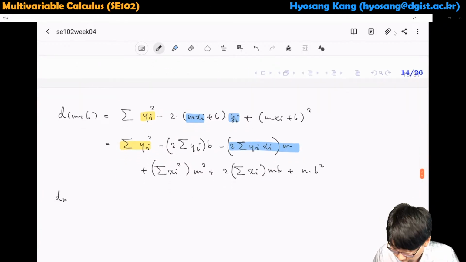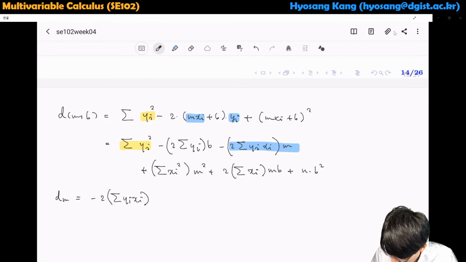Let's say I'm taking the partial derivative of d with respect to m. Then what we have here is minus 2 times the sum of yi xi, plus 2 times the sum of xi squared times m, and 2 times the sum of xi times b.